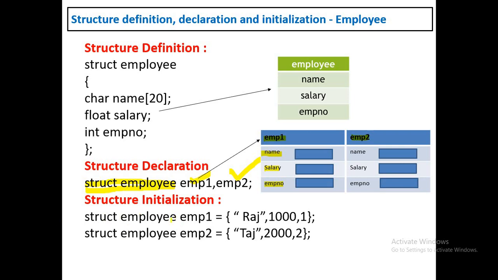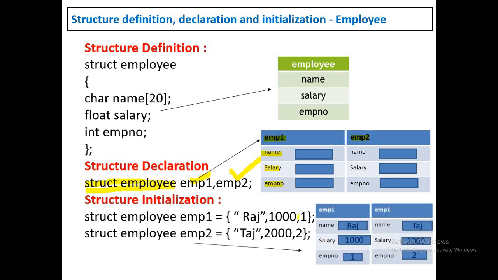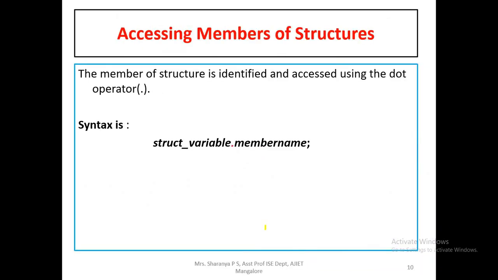This is the structure name along with the keyword struct, and employee 1 is a structure variable, and we are storing Raj 1001. This is how it will be stored under the employee 1 structure variable. And then struct employee 2, we are storing Taj 2002. This is how it will store the details under the name employee 2.